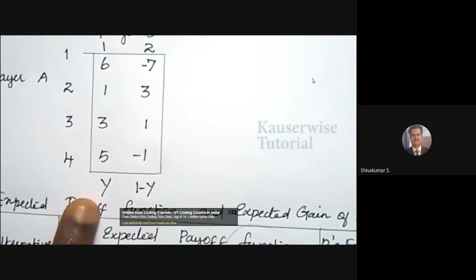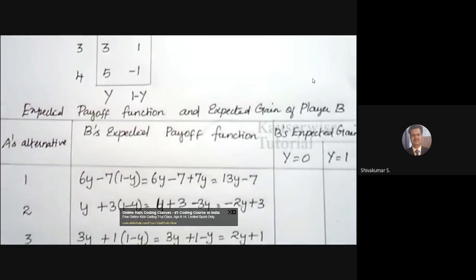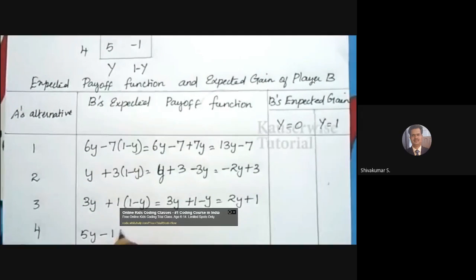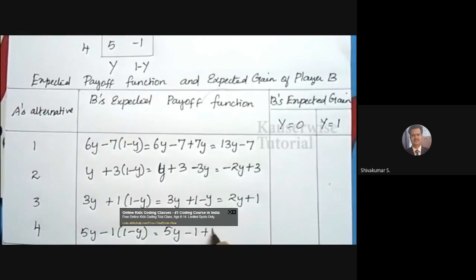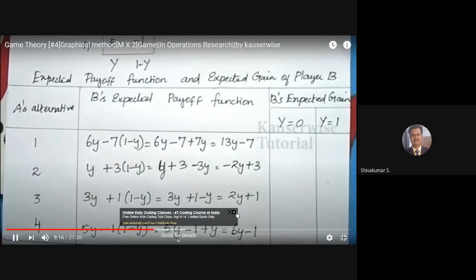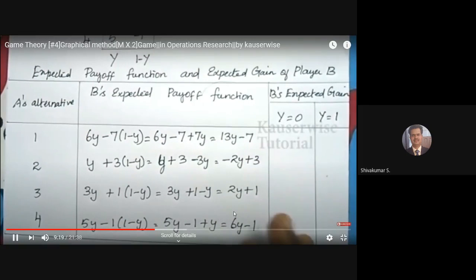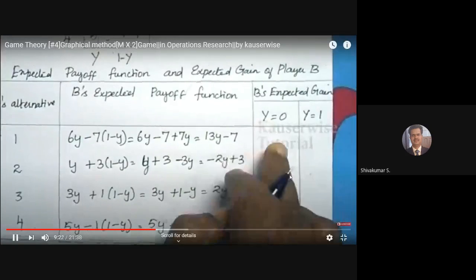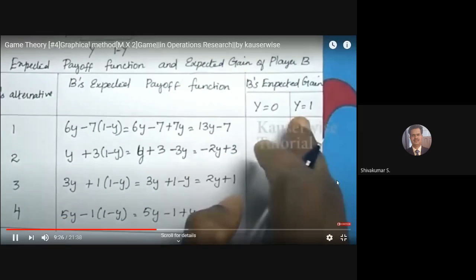Look at the fourth one, 5 into Y minus 1 into 1 minus Y, is equal to 5Y minus 1 plus Y, is equal to 6Y minus 1. Now, after finding B's expected payoff function, assume that Y is equal to 0 and find out B's expected gain. At the same time, assume Y is equal to 1 and find B's expected gain.